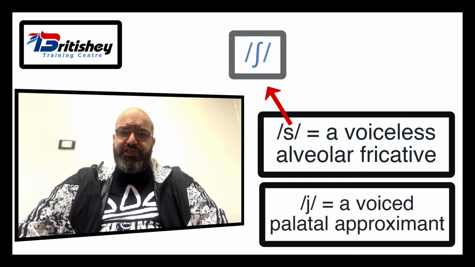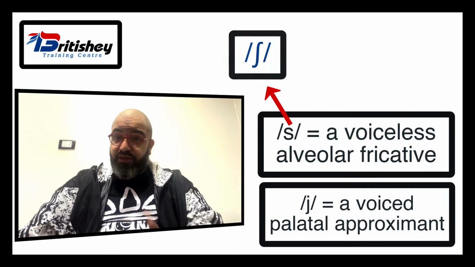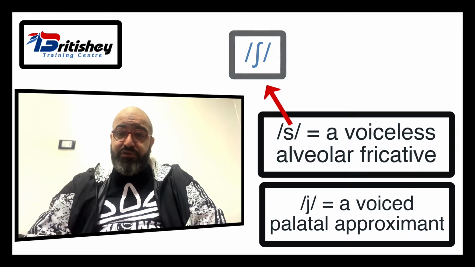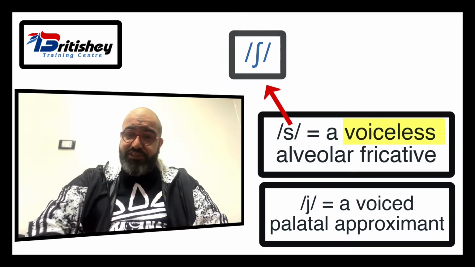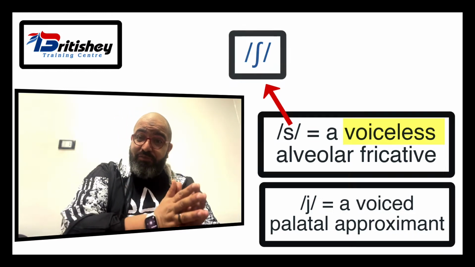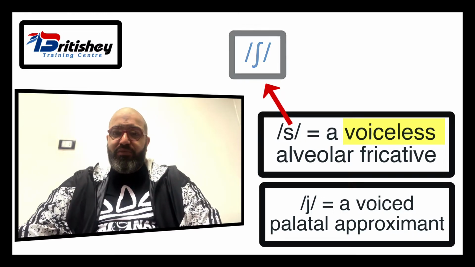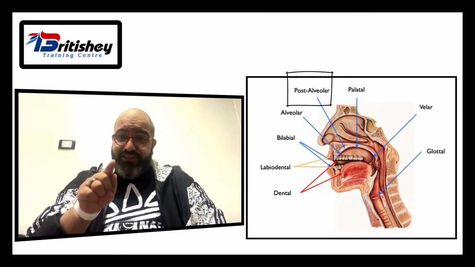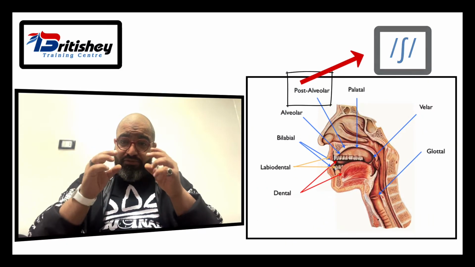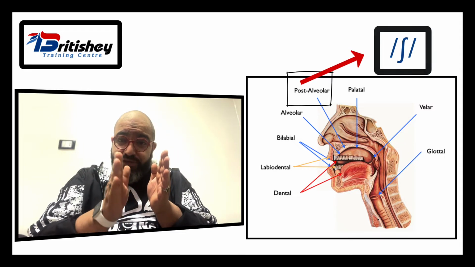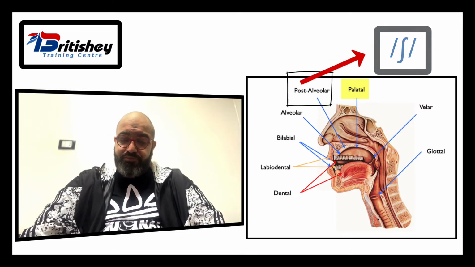Now someone might ask, why the sh sound? And I'll say because the sh sound is a voiceless sound, so in energy it is similar to the s sound. And also, it is a post-alveolar sound, so in terms of the place of articulation, it is closer to the palate.